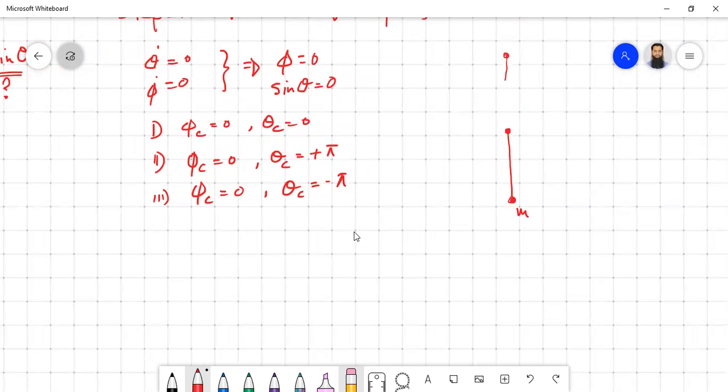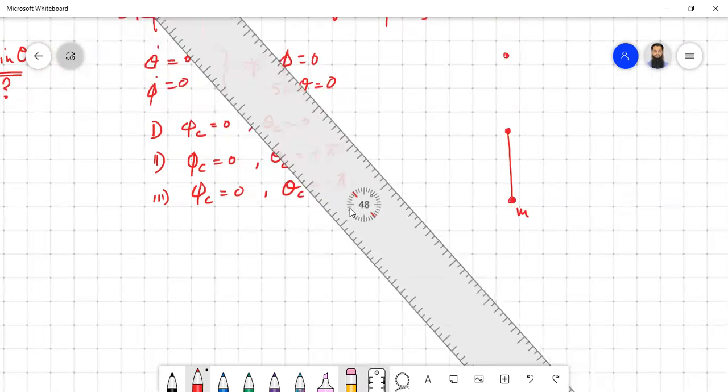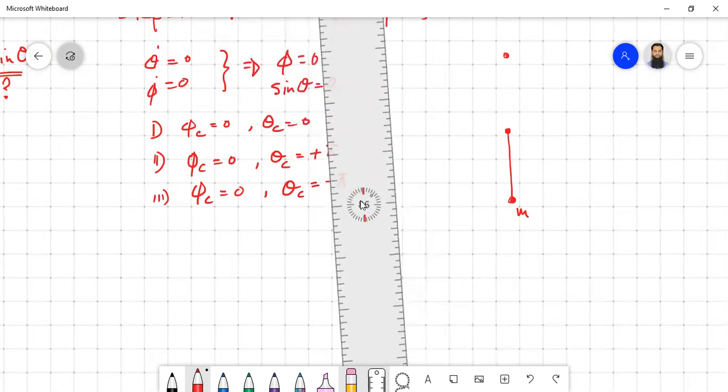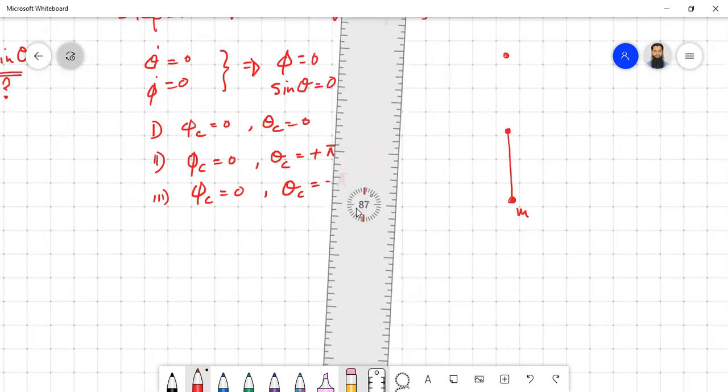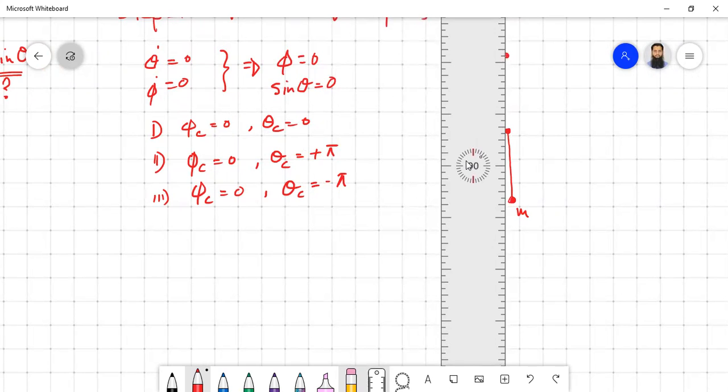Okay, so vertically upwards. Sorry about this line. It's better to use the ruler. So the downward is also not that perfectly drawn.